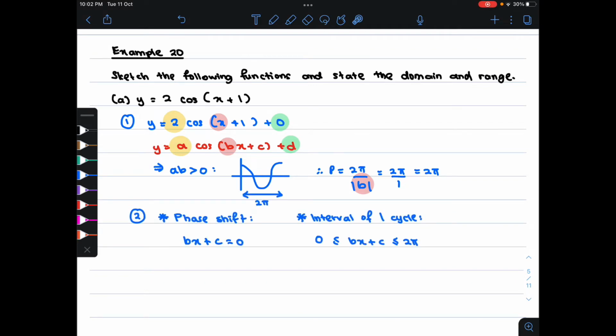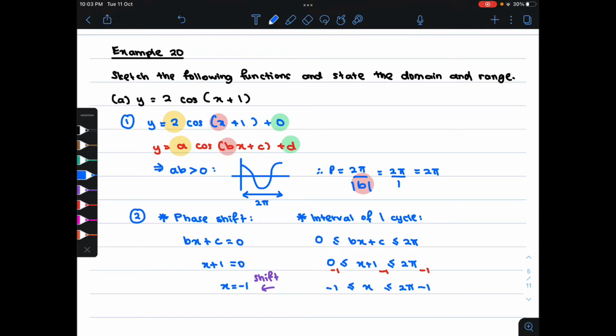We also need to find the phase shift, so just let everything inside the bracket equal to 0. And hence x is negative 1. Since x is negative value, that means our graph will shift to the left. We also need to find the interval of one cycle. So we're gonna minus everything with 1.